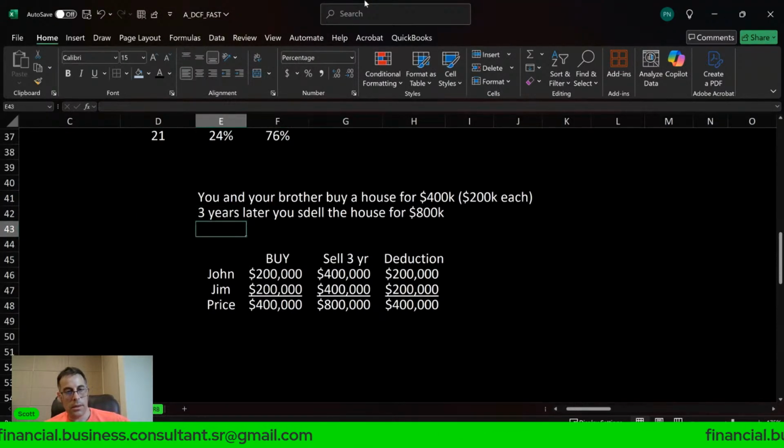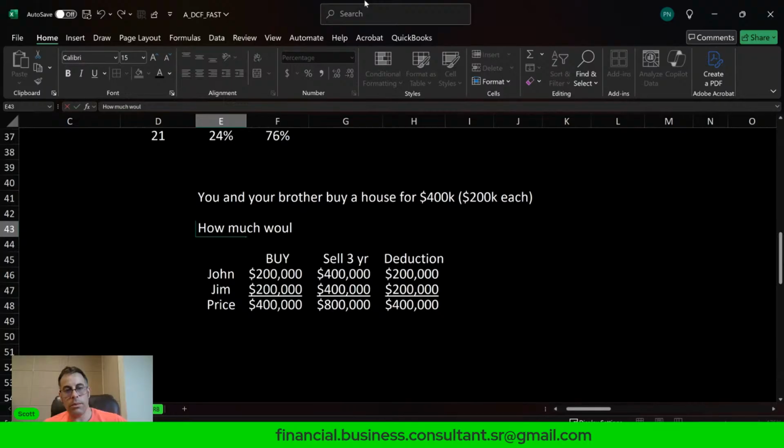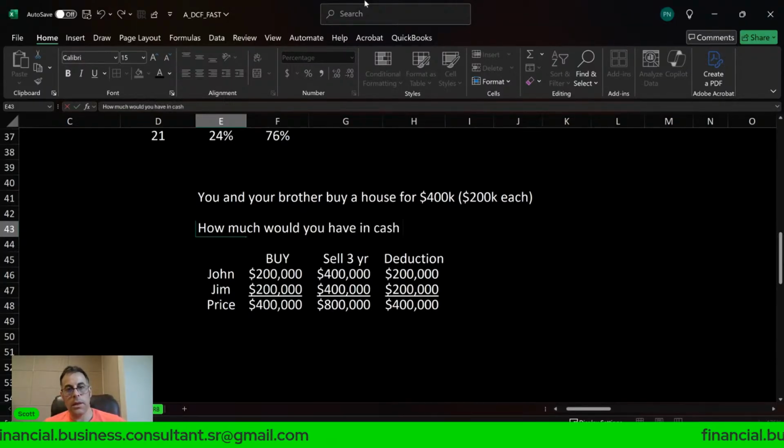How much would you have in cash after the sale?